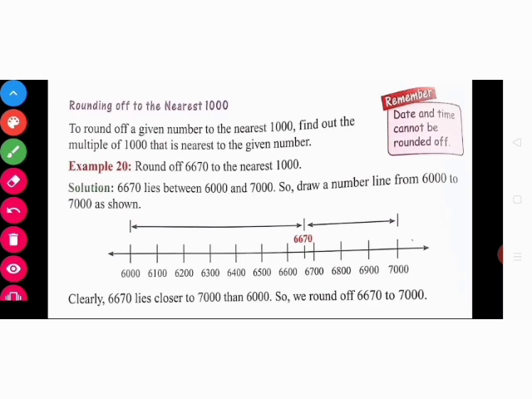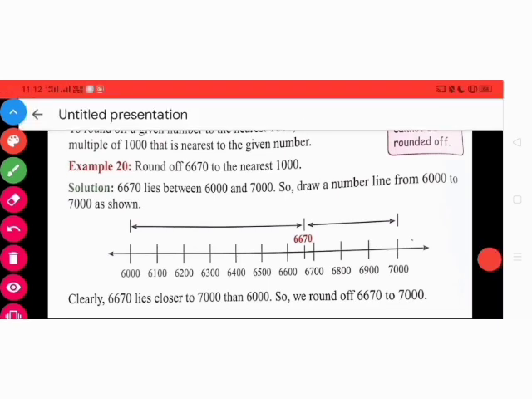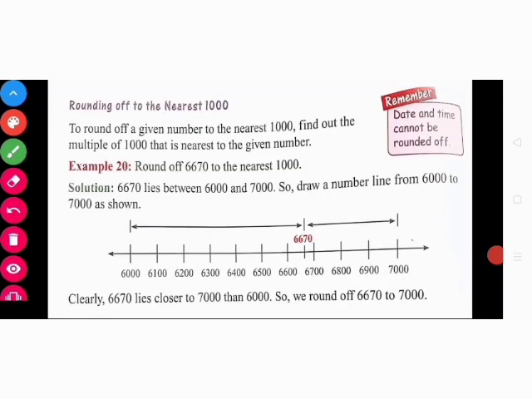Next one, rounding off to the nearest 1000. To round off a given number to the nearest 1000, find the multiple of 1000 that is nearest to the given number. Look at the example: round off 6670 to the nearest 1000.